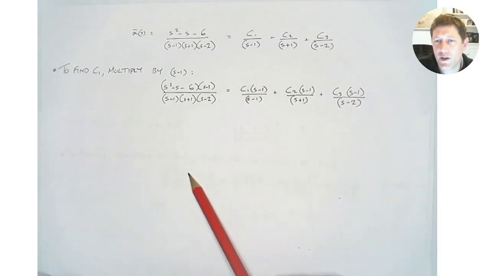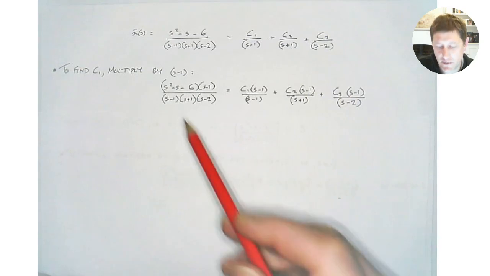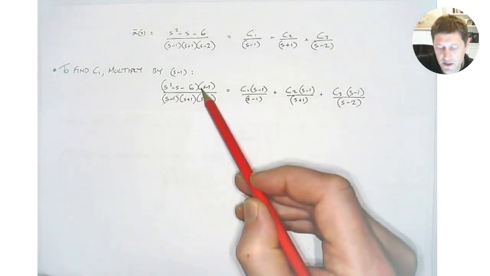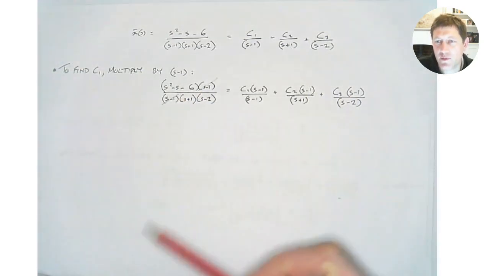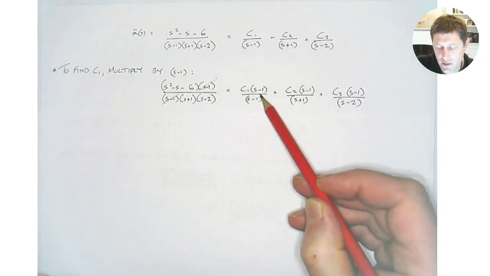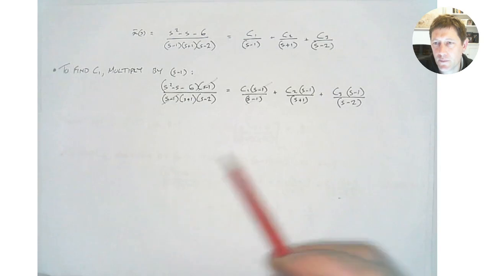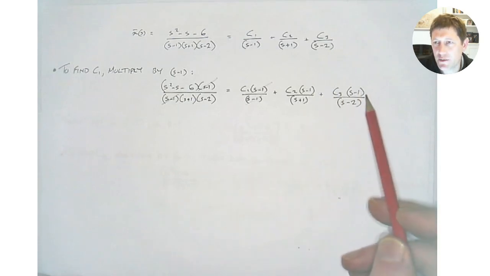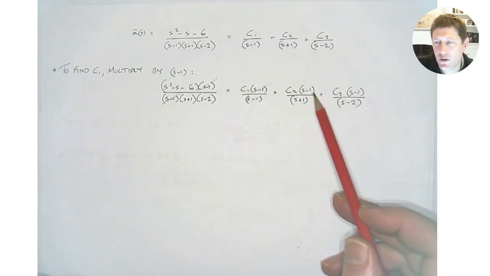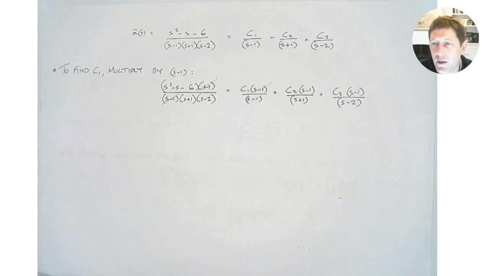Now, when we do that, you can see immediately this can be simplified. We can simplify this side by dividing by s minus 1. Again here, divide by s minus 1. Now you notice these two terms have an s minus 1 on top. This expression is true for all s, and so s can be any value that we want it to be.